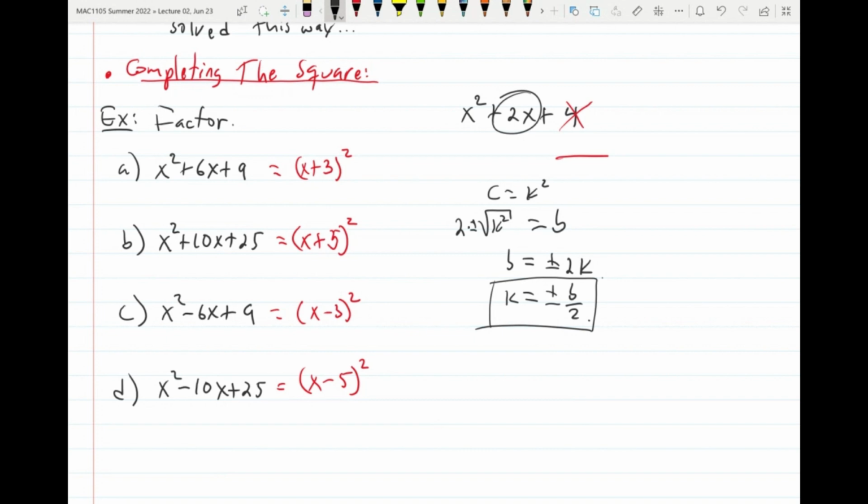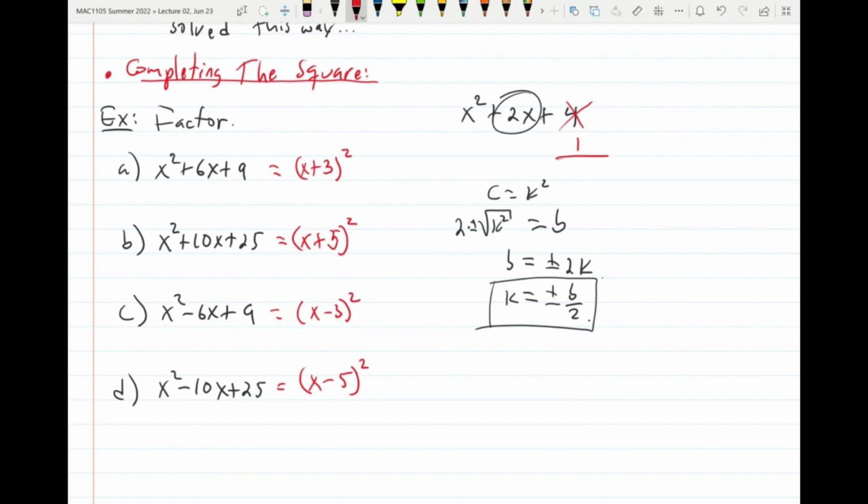Take the middle guy, divide it by 2, that will give you the K, but then the number that goes here is the square of K, right? So you square it. In other words, one number should be in here instead of 4. Take this guy, divide it by 2, and square it. What do you get? 1. A 1. So instead of a 4, we should have a 1 in here.